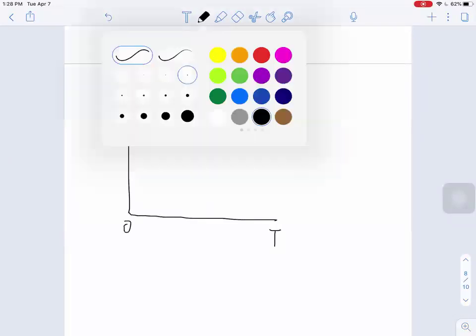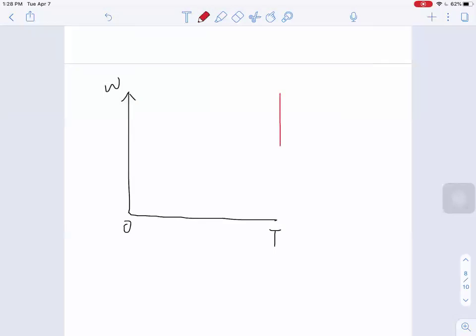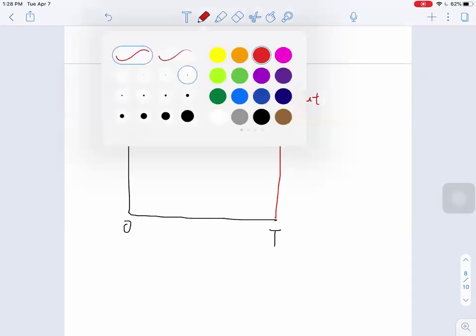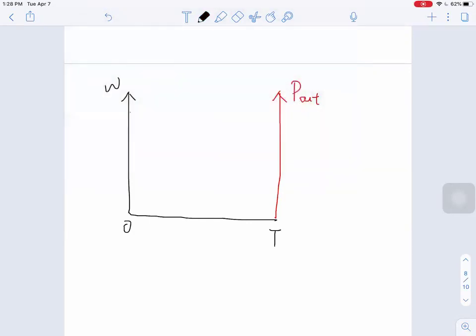But on the other side, I want to draw a vertical line to represent our power output, P out, from the motor. And the speed-torque curve, which is just a straight line with a slope.